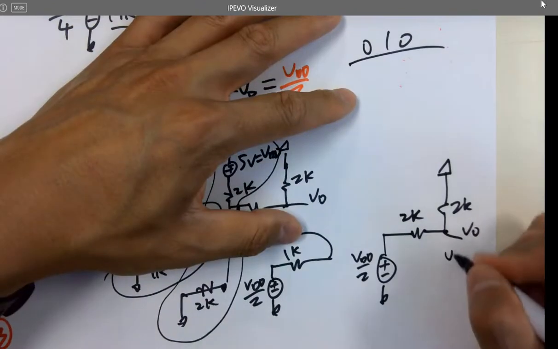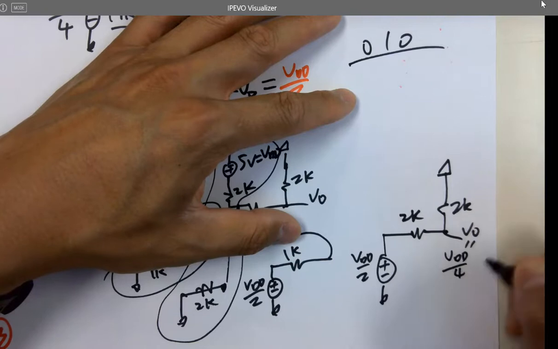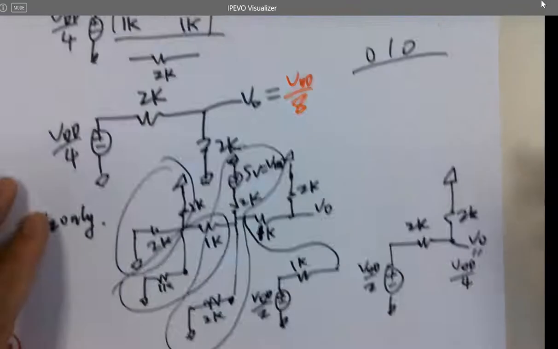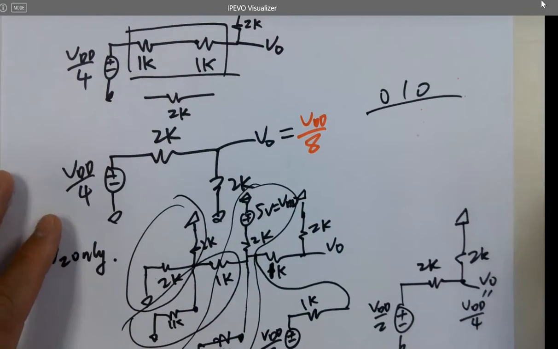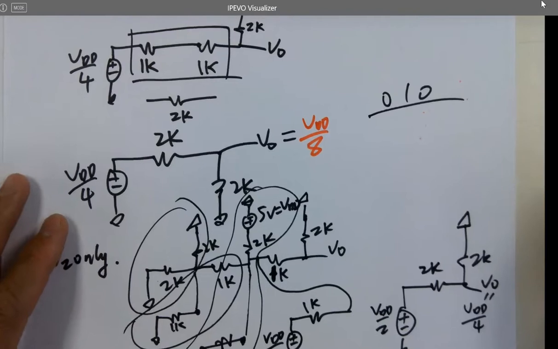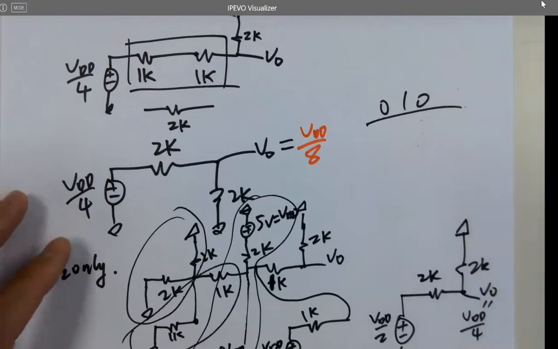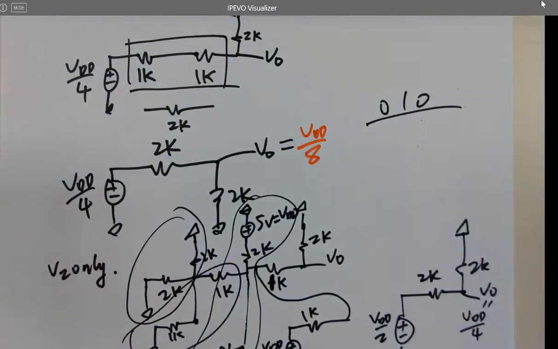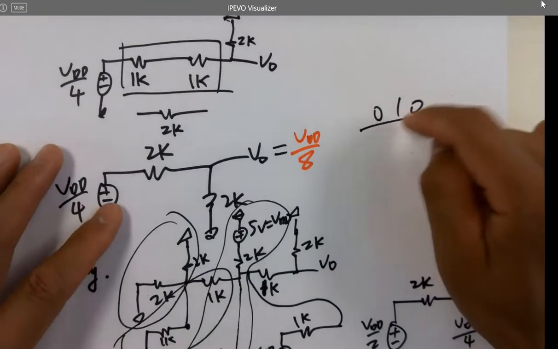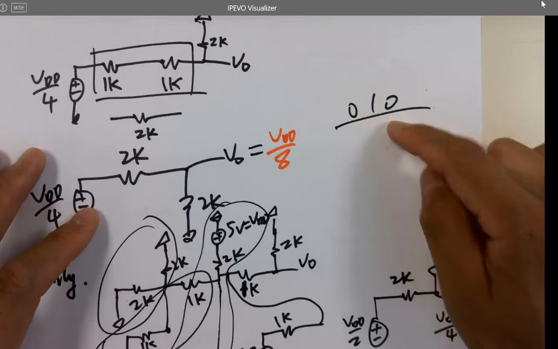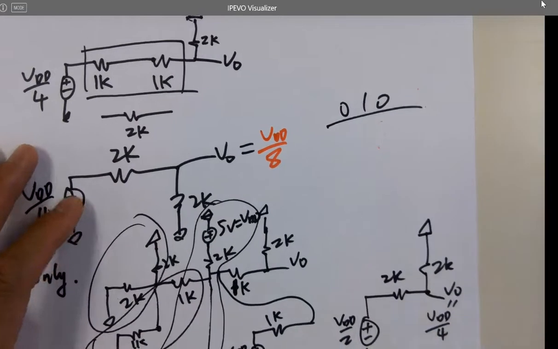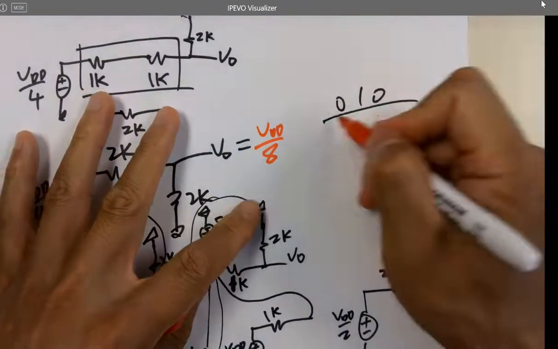Does that make sense? But how to calculate it in the DAC? Let's verify it. It's still a 3-bit DAC, and when the input is like that, the output is going to be VDD over 4. Is that correct? So that's the input.